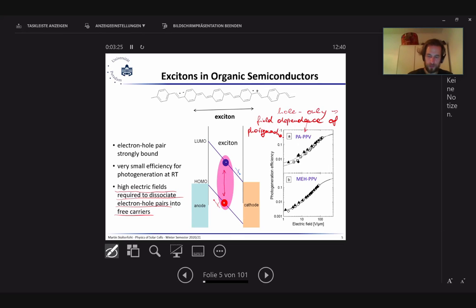So the probability to split the electron and hole depends very strongly on the electric field. You see, the electric field is in volts per micrometer. The dissociation probability, the probability to split this exciton and take it out as a free electron-hole pair, depends very strongly on the electric field, if you do not have a bilayer junction.